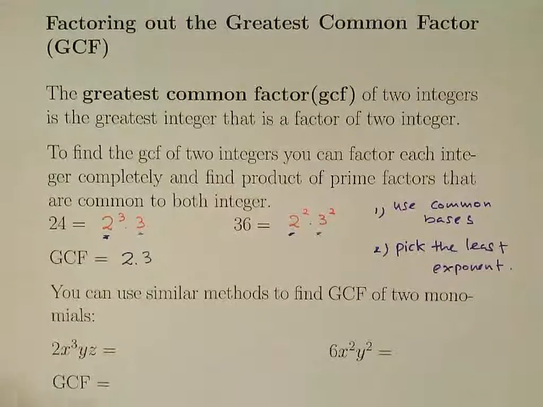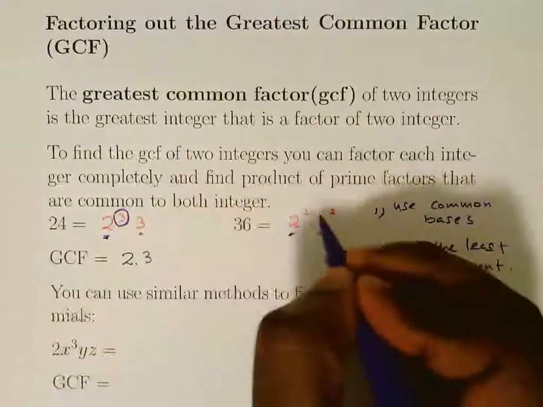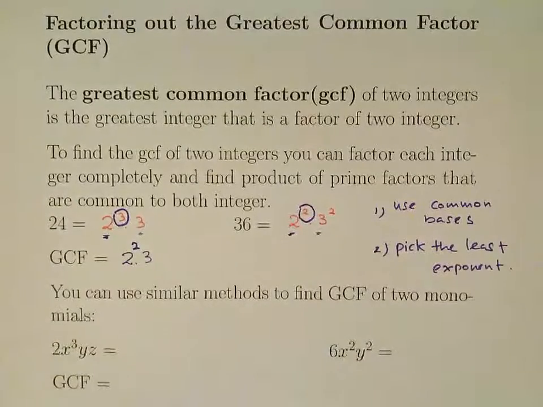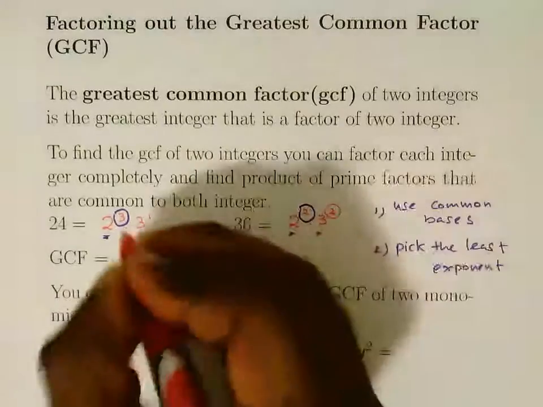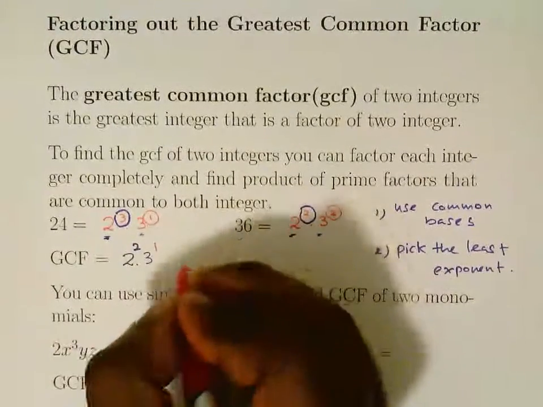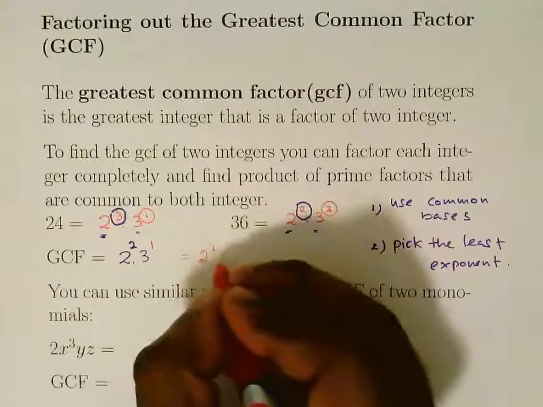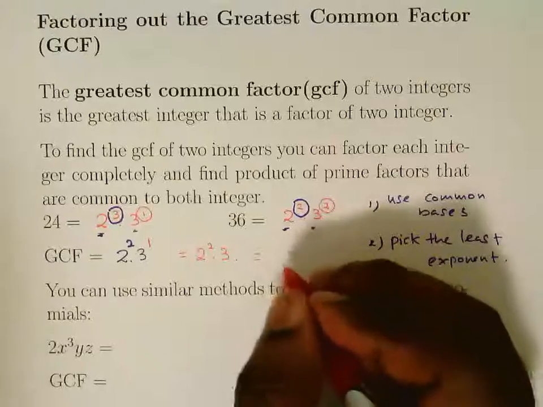For 2, we have 3 and 2, the least exponent is 2. For 3, we have 1 and 2, the least exponent is 1. So the greatest common factor is 2 squared times 3. In this case it's 12.